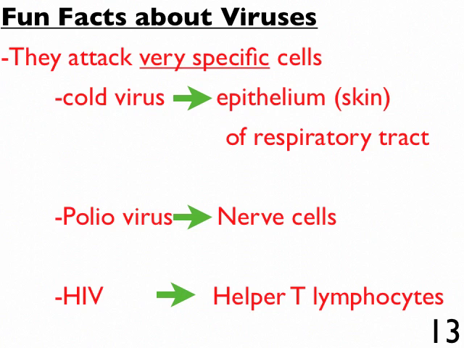Since nerve cells aren't very good at reproducing or repairing themselves, the poliovirus tended to cause lifelong symptoms like paralysis. Once you had those nerves damaged, they weren't coming back. And then HIV, or the human immunodeficiency virus, attacks one specific kind of white blood cell called the helper T lymphocyte. So all three of these viruses attack humans, but they attack different types of human cells.